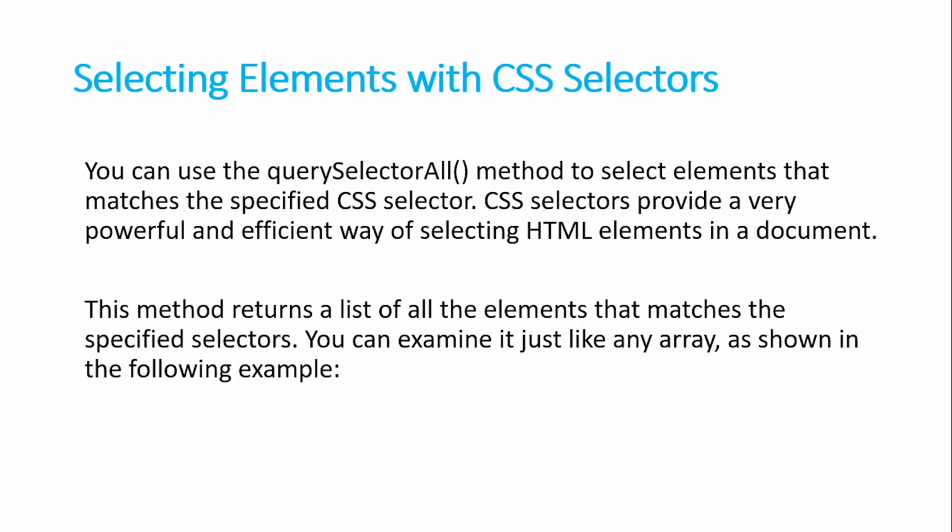All these selectors can be used in this querySelectorAll just like CSS, and we can select all those elements and store them in an array, and we can do a lot of things there, whatever we want to do. This method returns a list of all the elements that match the specified selectors. You can examine it just like any array.